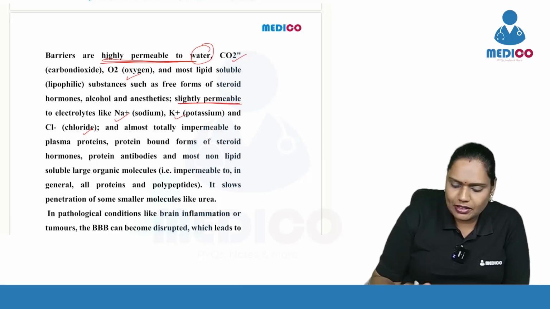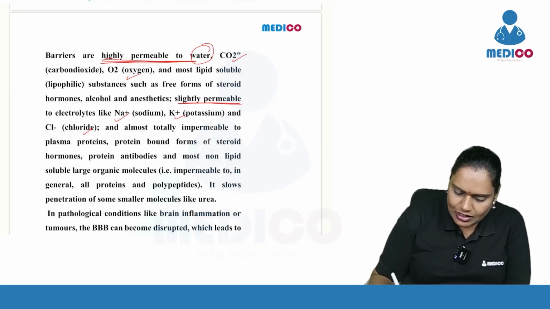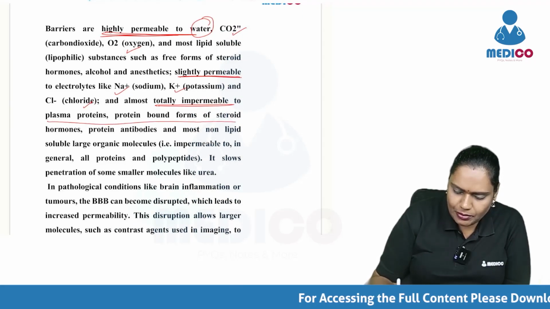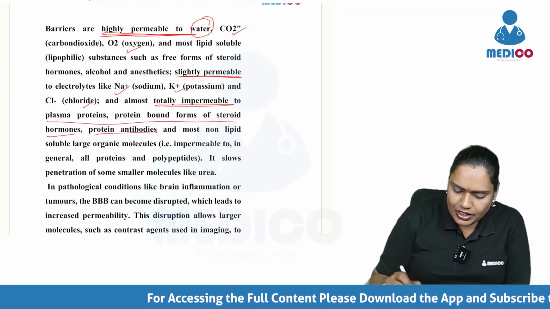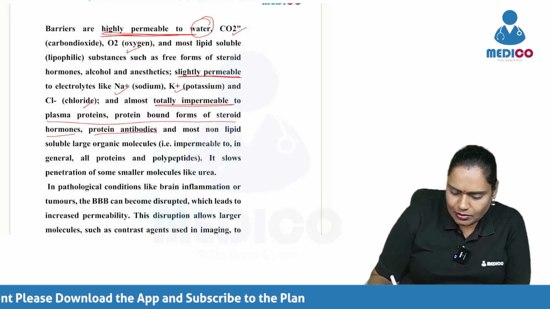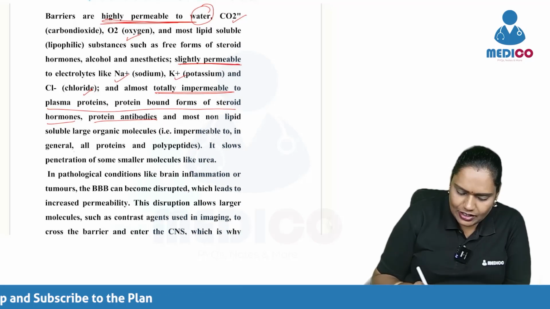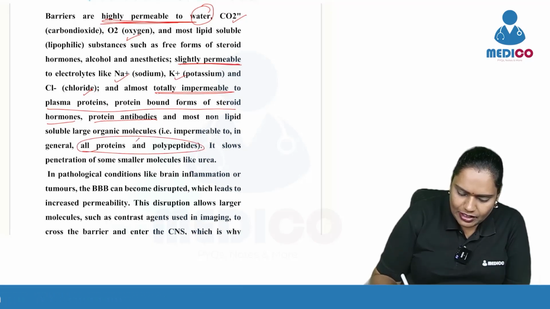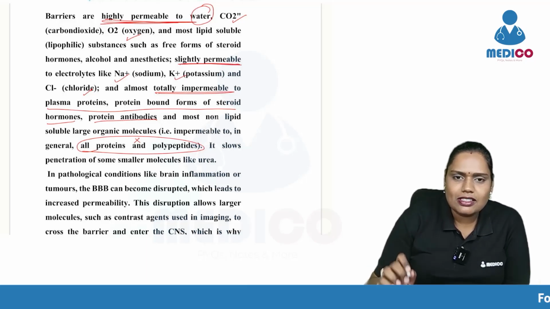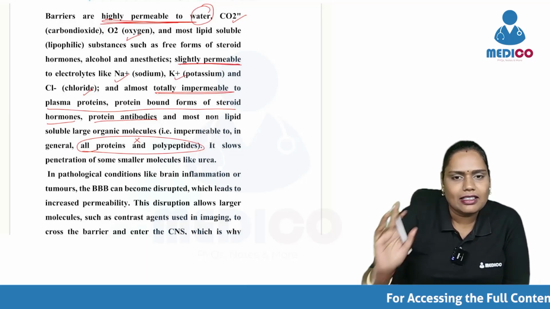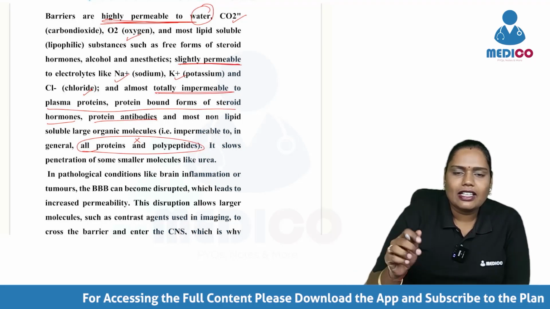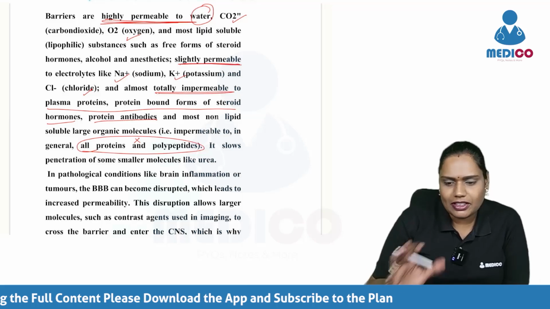Totally impermeable to plasma proteins and protein bound forms of steroid hormones, protein antibodies, and most non lipid soluble large organic molecules. So basically, all proteins and polypeptides cannot cross the blood brain barrier. Lipid soluble substances, gases, and water can easily enter. Important vital nutrients and electrolytes have moderate permeability. Okay.